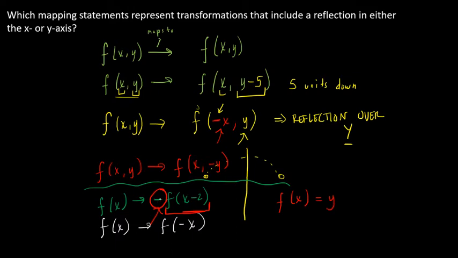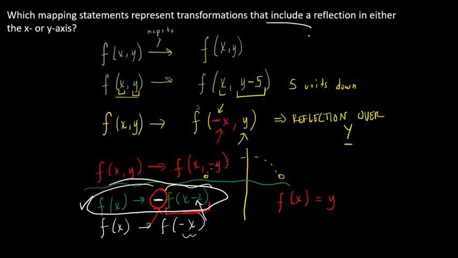Those are both going to be examples of transformation statements that include a reflection. Now remember, they just said include a reflection. It doesn't have to be a reflection only, and that's why this statement is going to be one of your answers. This minus 2 part is a translation as well, so it's being reflected and translated, but the question specifically says includes a reflection, so we're allowed to include that in our answer choice.